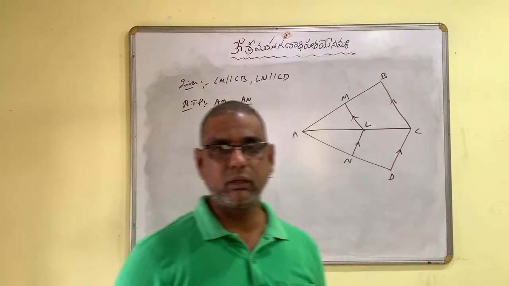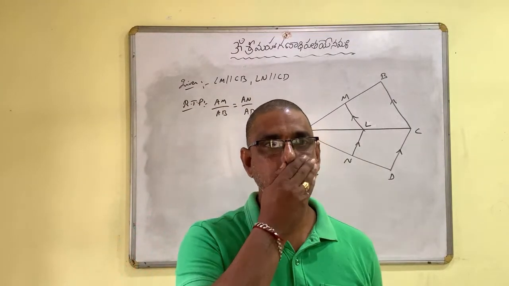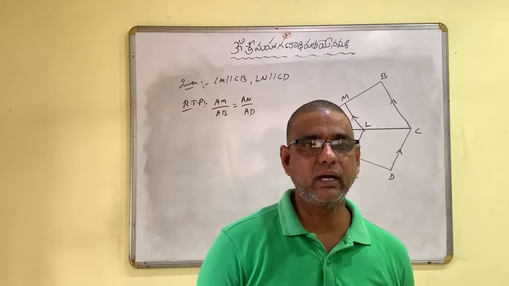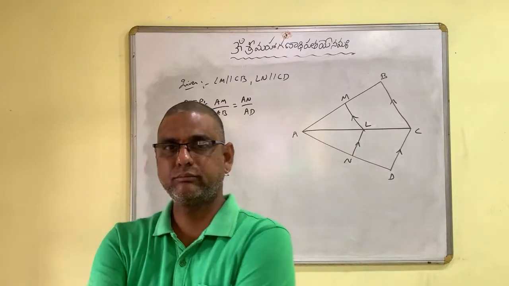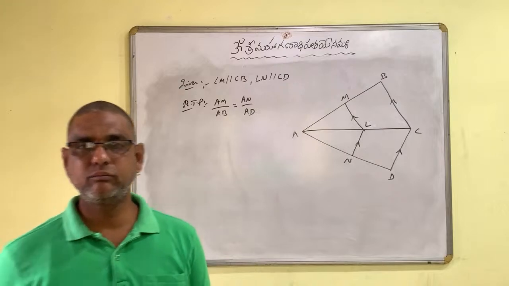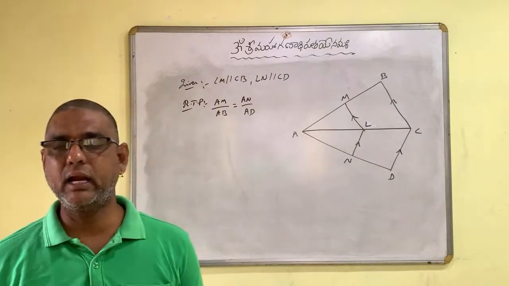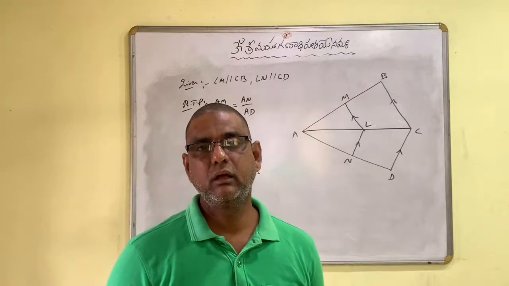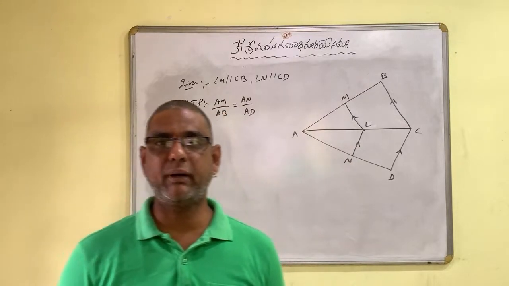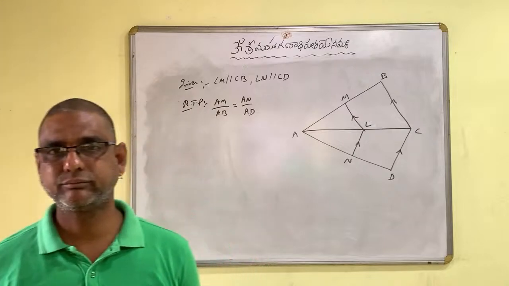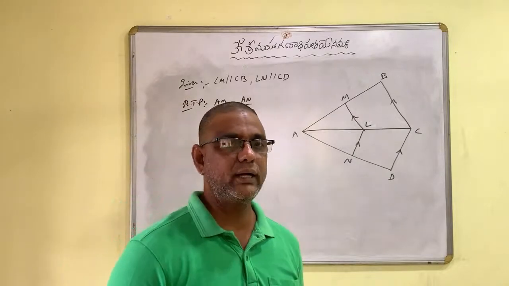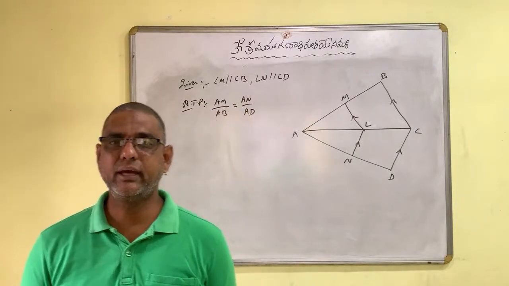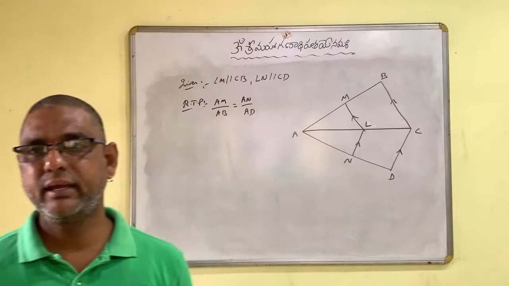See, there is a problem on the board. There is a quadrilateral ABCD. AC is its diagonal. A line LM is drawn parallel to CB and LN is drawn parallel to CD. And we have to prove that AM by AB equals AN by AD.